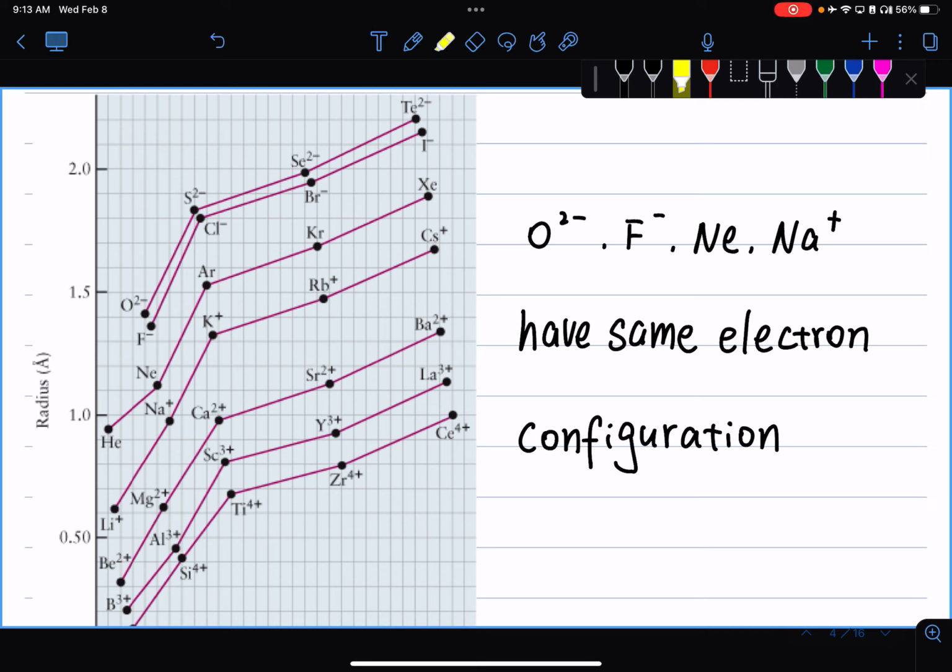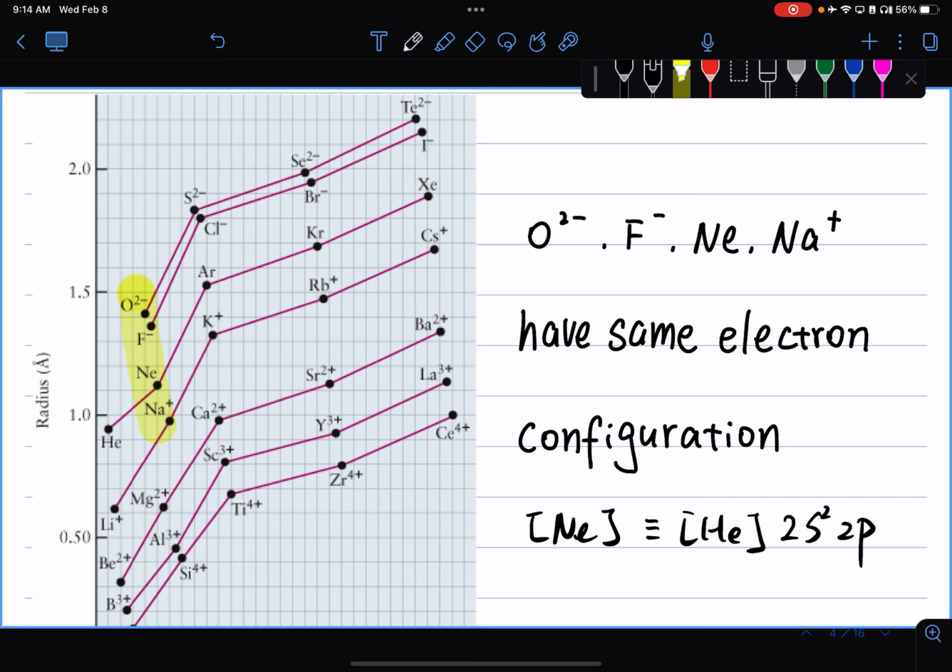So in this case, I'm just going to highlight 4 of them. Oxygen 2 minus, F minus, neon, and then sodium plus. So all these ions here, and neon, all have the same electron configuration. If you write it out, it's just going to be equivalent to helium 2s2, 2p6.